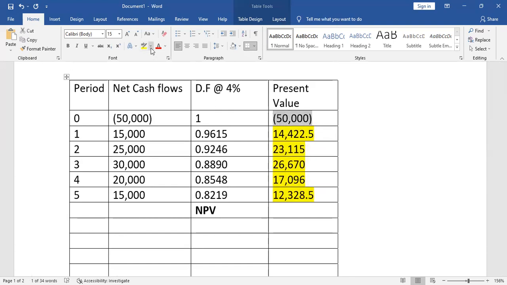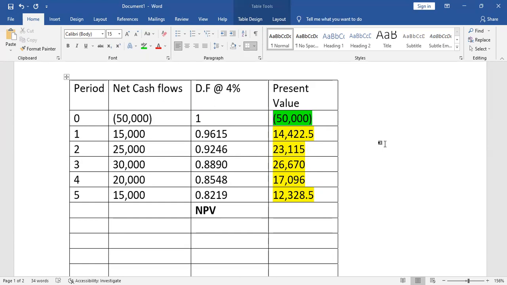So I'll start adding from the bottom and then subtract the 50,000. 12,328.5 plus 17,096 plus 26,670 plus 23,115 plus 14,422.5 minus 50,000.